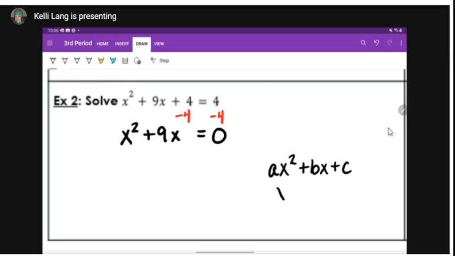So my x squared and my plus 9x line up here and here. But what about this last bit? What's going on here? Where's my c? Does anybody have any thoughts about what's going on here? Joel, what are you thinking? Exactly right. We do have a c value. Our c value is 0.